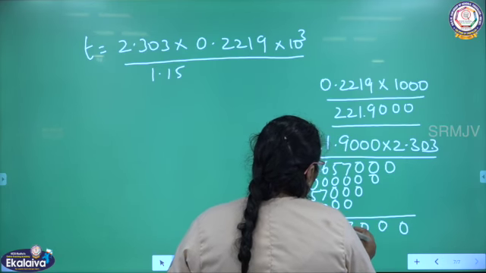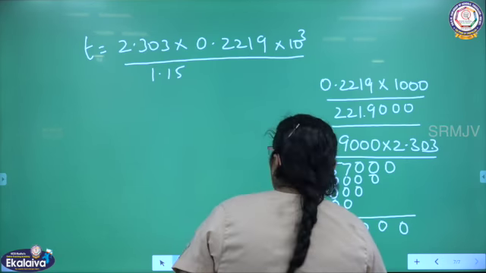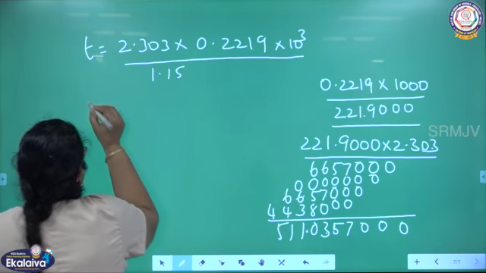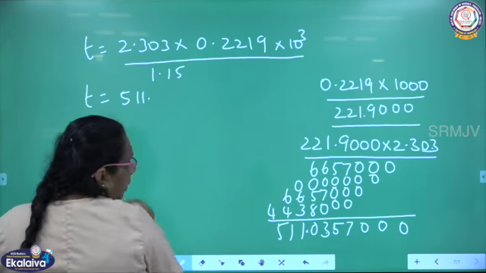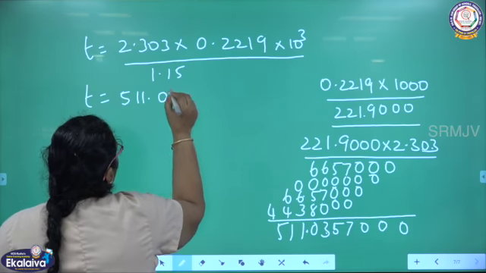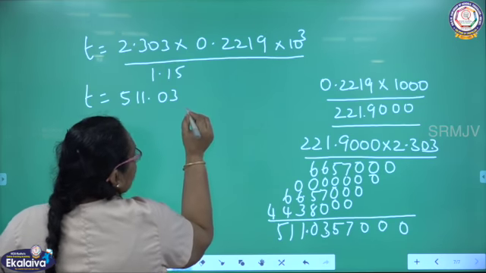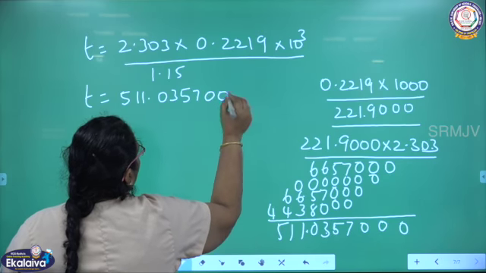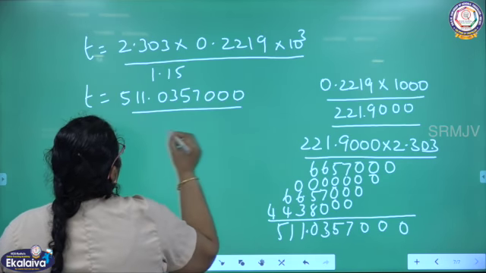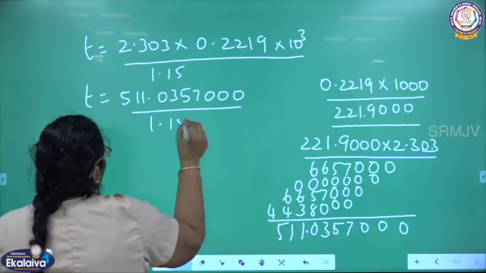So, in the numerator, I will be getting 511.0357000. Below that, I got 1.15.